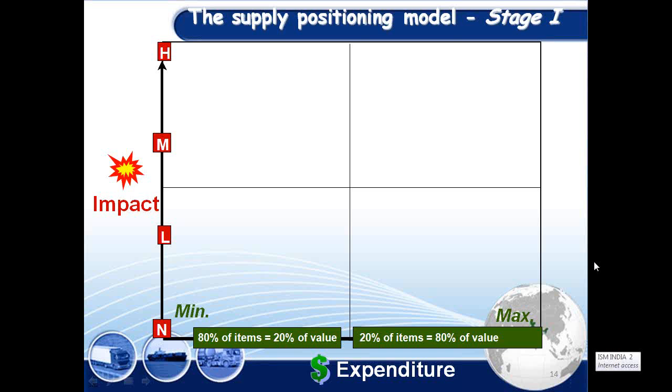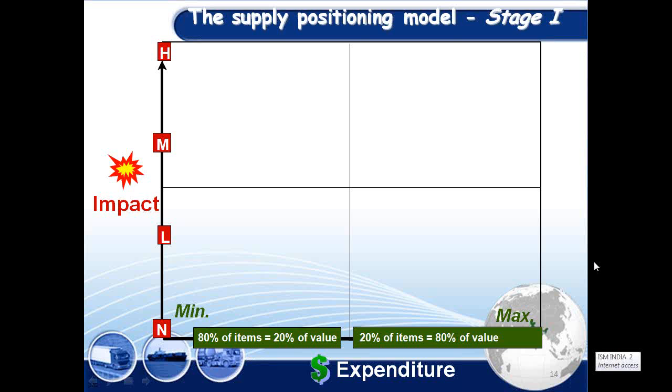So in short, 20% of the top high value items cover around 80% of the spend, while the 80% below may cover only 20% of the spend.